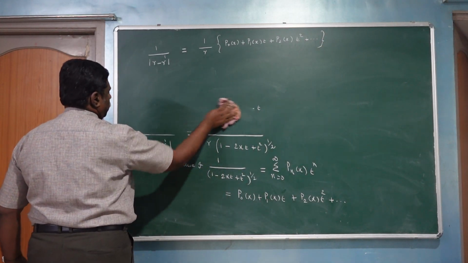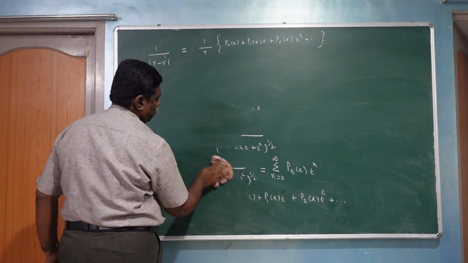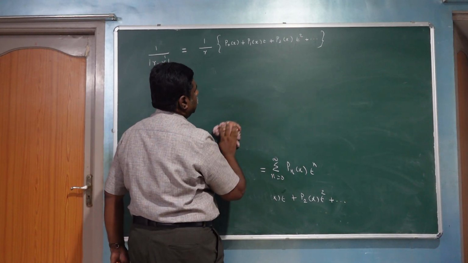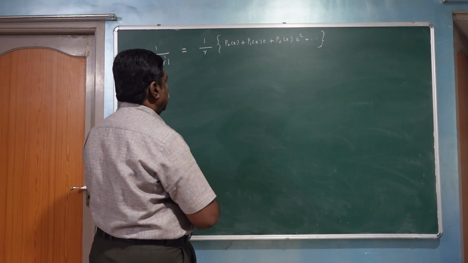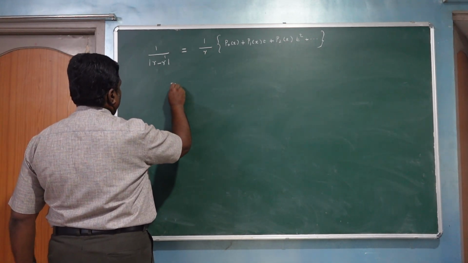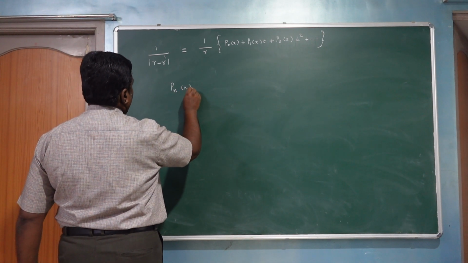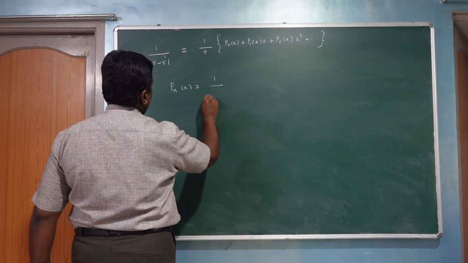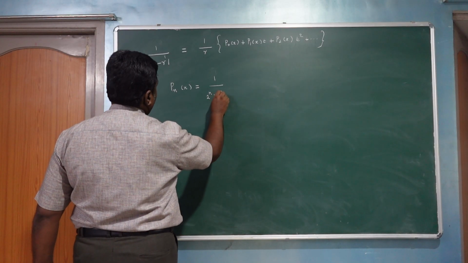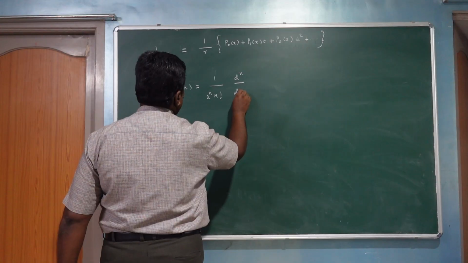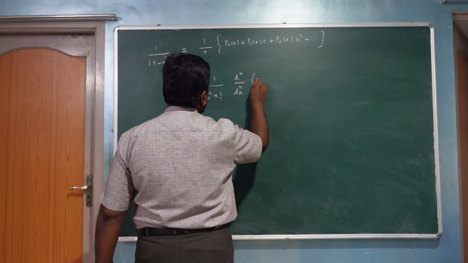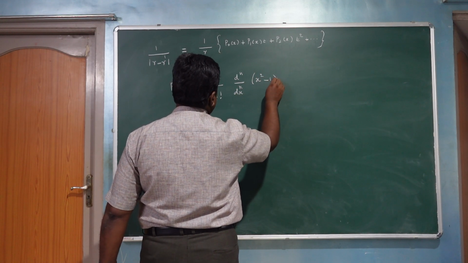Now we have to find out P0 of x, P1 of x and P2 of x using our Rodrigues formula: 1 divided by 2 power n factorial, d power n by dx power n of (x square minus 1) power n.